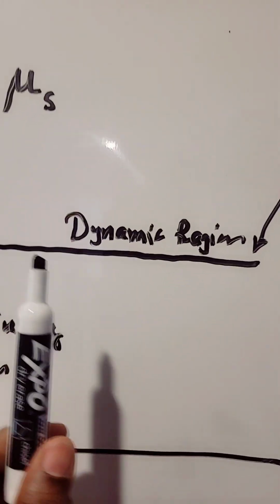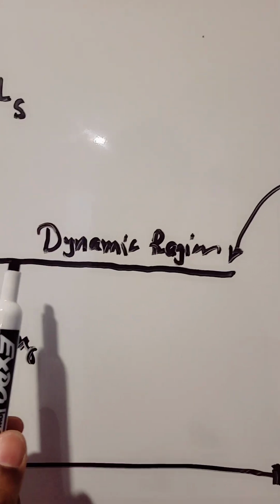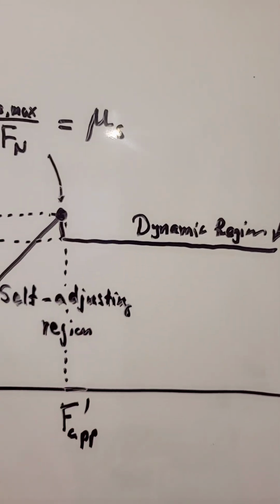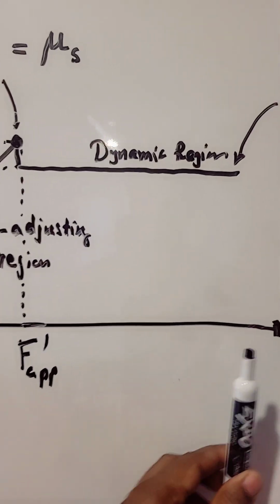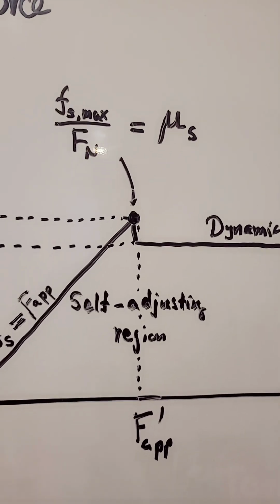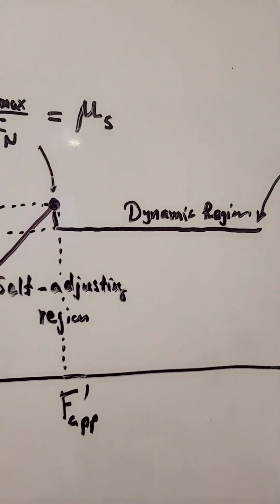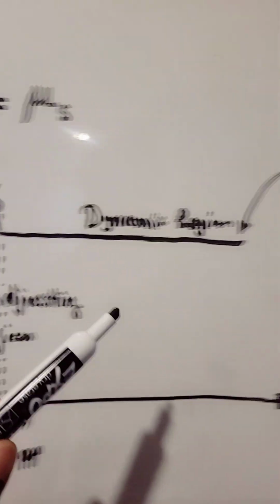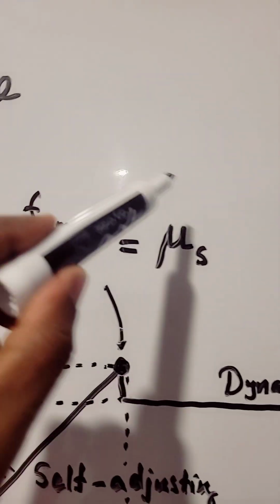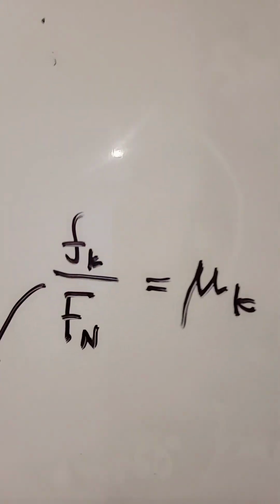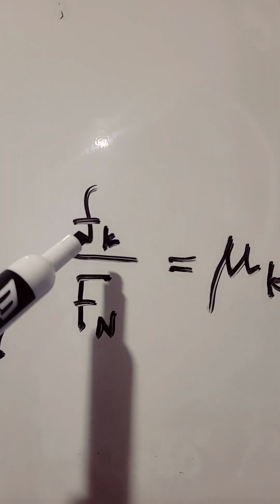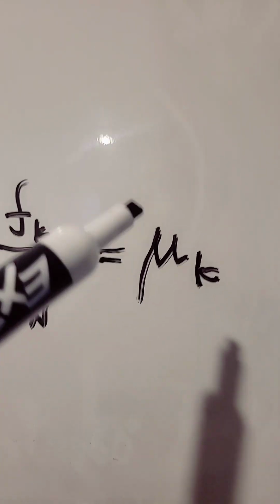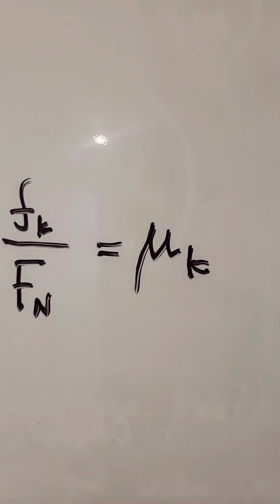And that's the second case. The third case is when the object starts to move. That's what we call the dynamic range, where irrespective of the applied force, the friction force does not change. It's the kinetic friction force. And similar to this equation, we have an equation for the kinetic friction force over the normal force equals the coefficient of kinetic friction.